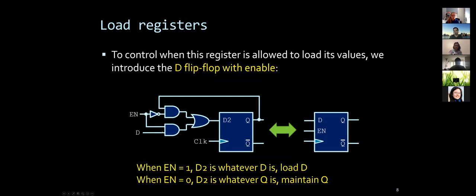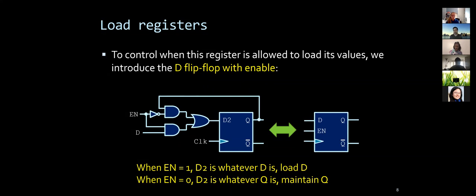So what's the feature about the enable signal here? What it does is use the output Q and do an AND with the negation of the enable input. So when enable is 0, this is active, this is not active. And then it maintains the old value Q. So this is really a controllable flip-flop, right?